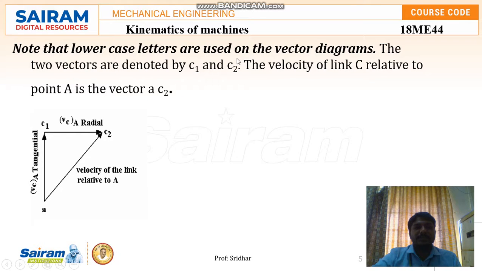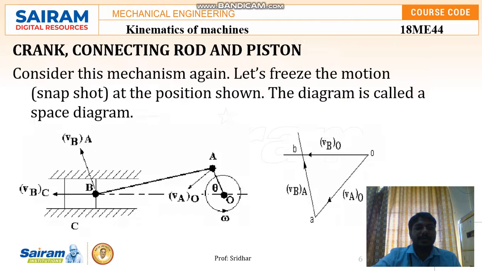The two vectors are denoted in the diagram as C1 and C2. The velocity of link C relative to point A is a vector we call C2. C1 and C2 are the two vectors, for the tangential and the radial. This is the velocity of the link relative to A, which has the vectors C1 and C2.